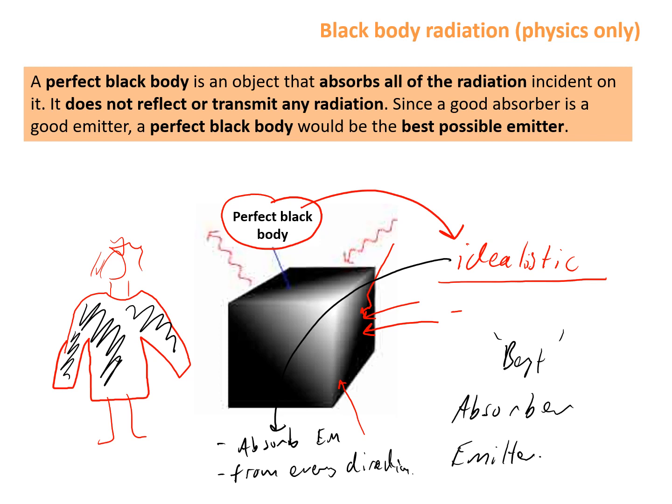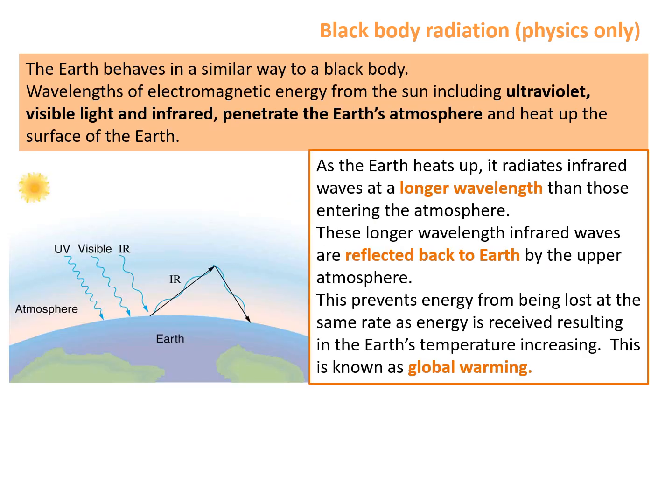Okay, why is that useful to know? Why is that handy to know? It's how it's applied to the Earth as an object. So here we are with waves from the sun coming to the Earth and making it warmer. And here we are with the Earth sending waves off into space and cooling down.